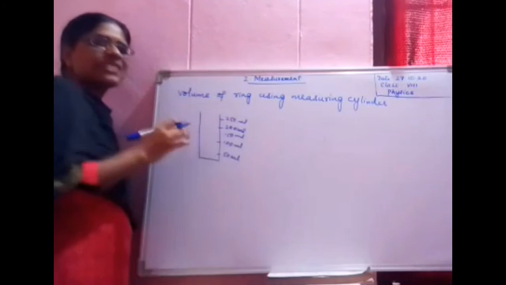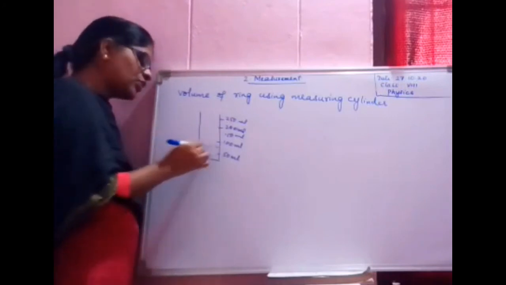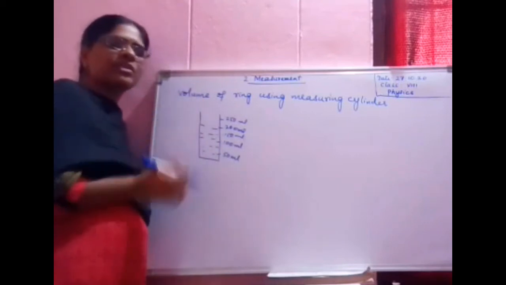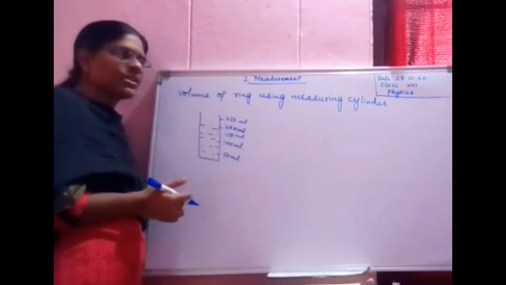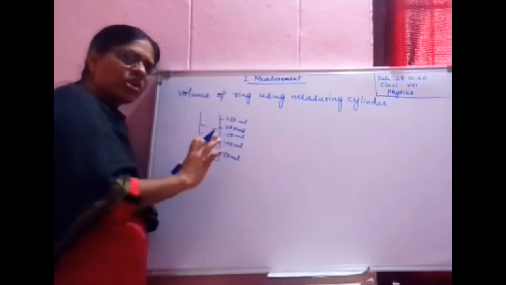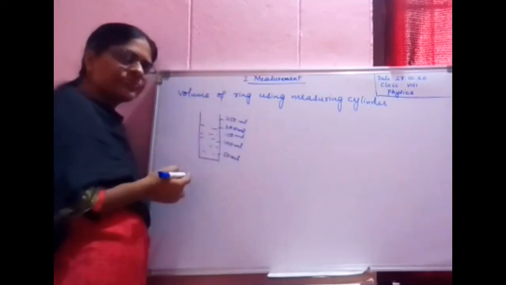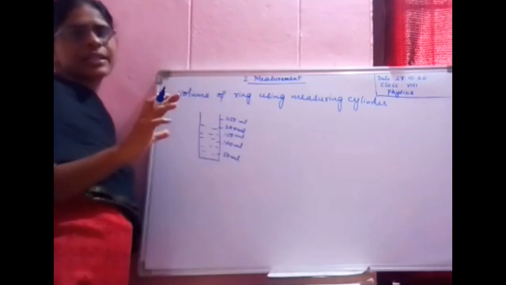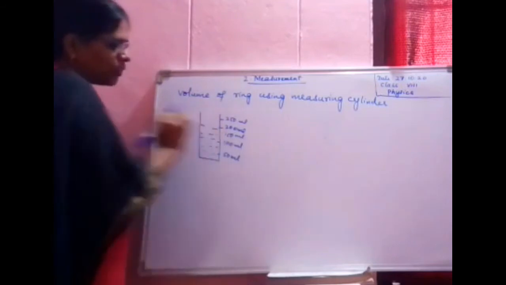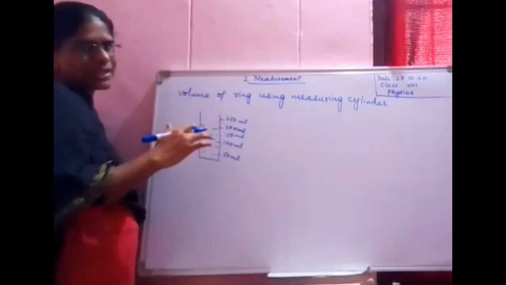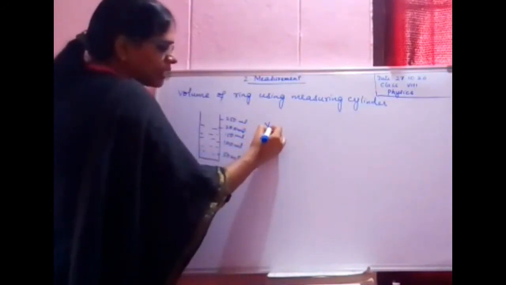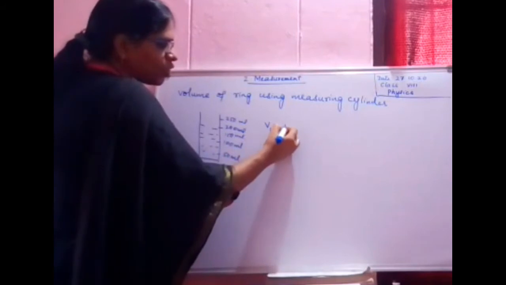Now, first fill this measuring cylinder with water. I have filled it up to half with water, or you can fill it up to 3/4. After filling it with water, note the volume. By looking at the mark up to which you have filled the measuring cylinder with water, let V1 be the initial volume.